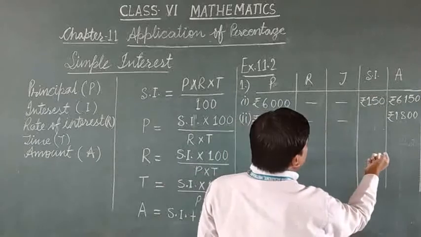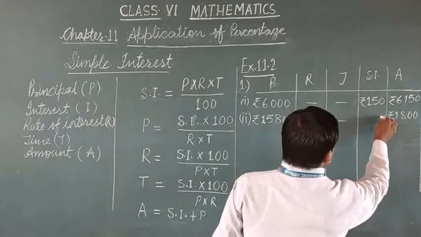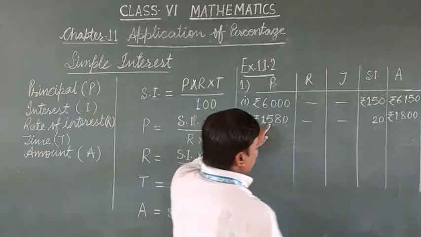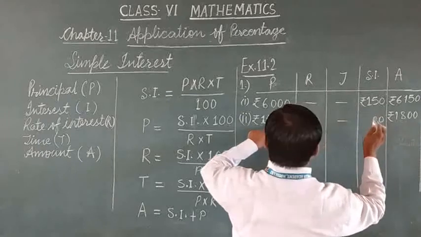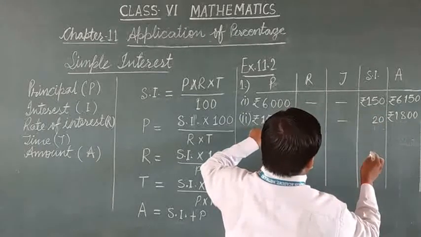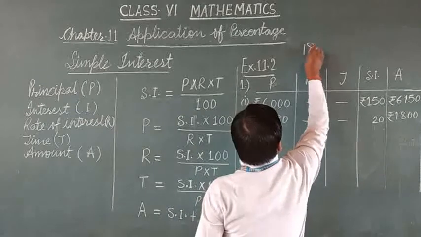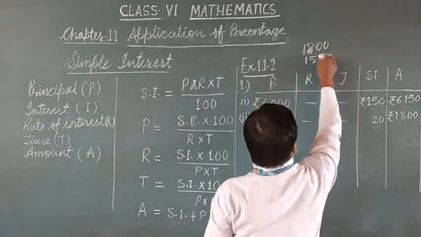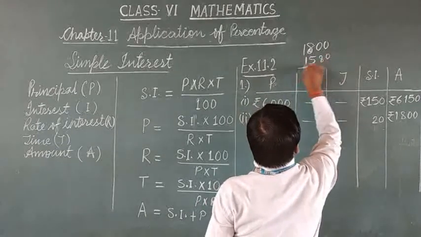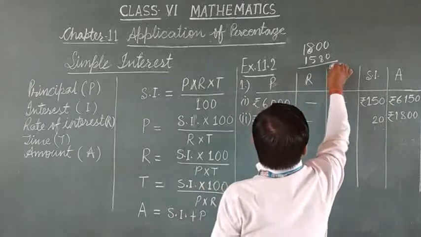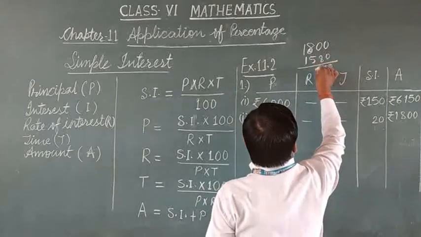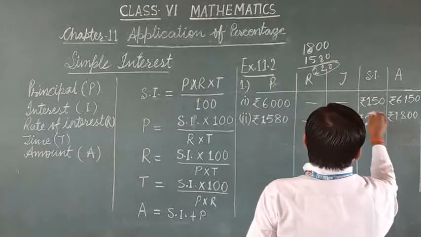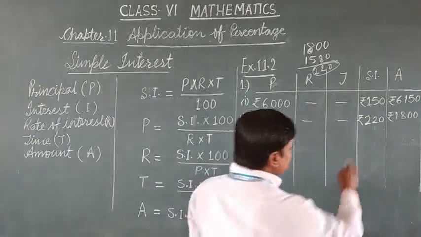When you subtract, you get rupees 220. Rupees 220 will be the interest.